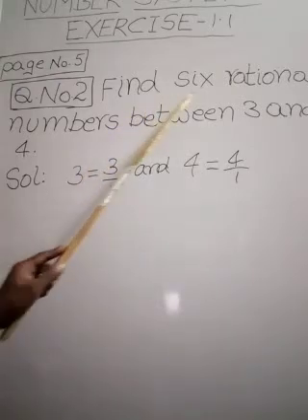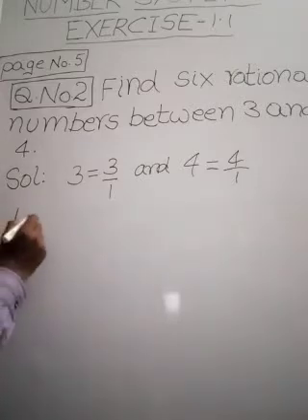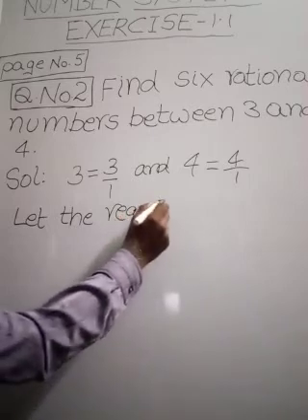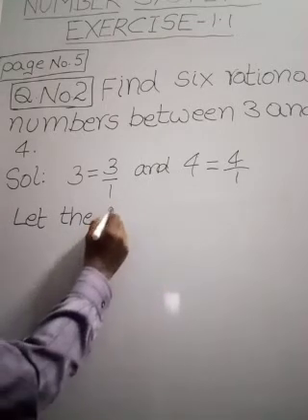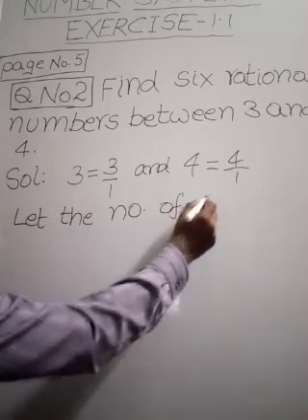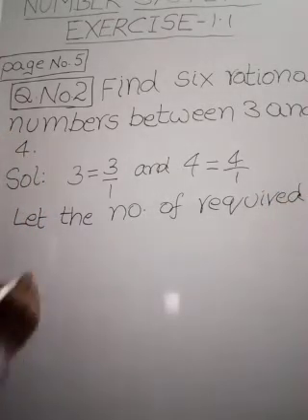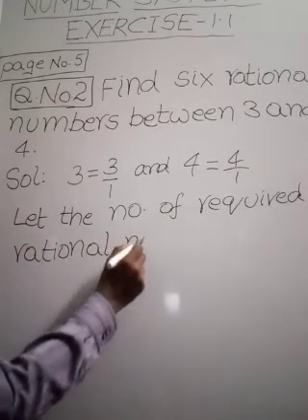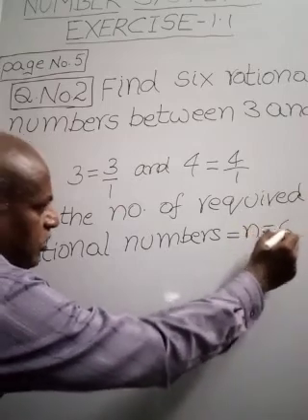How many rational numbers are required here? 6 rational numbers. Let the number of required rational numbers be n, that is equal to 6.